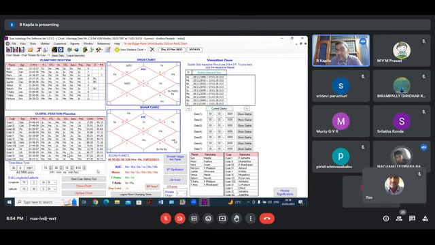He may have travels. So a single cusp has so many significations. Which signification is actively participating has to be seen depending upon the type of question.